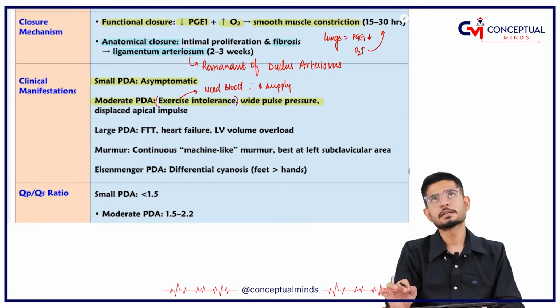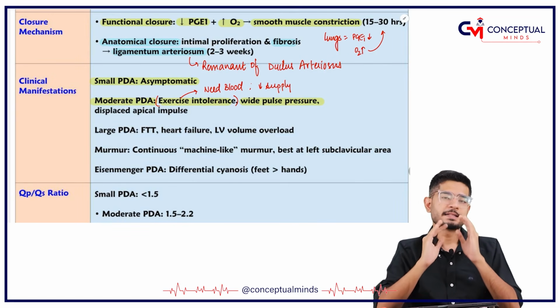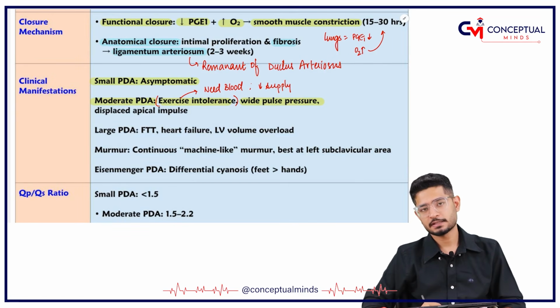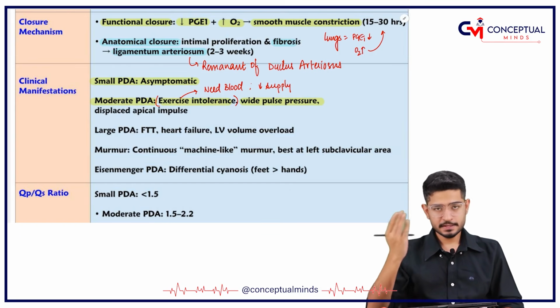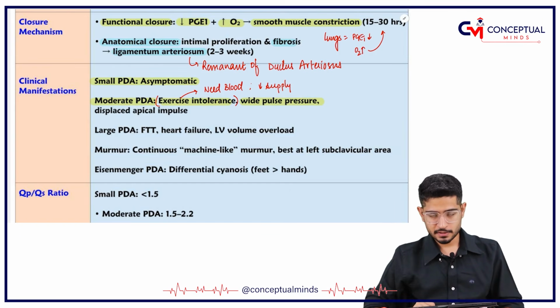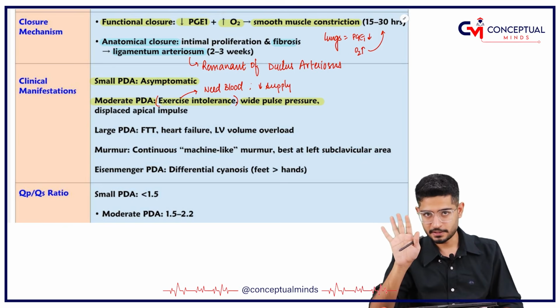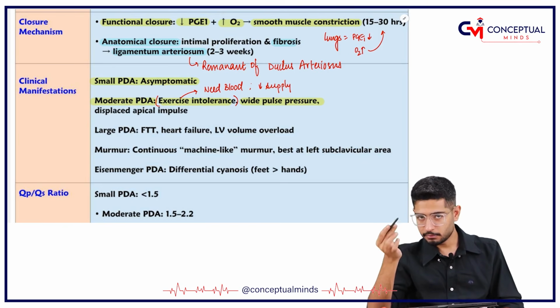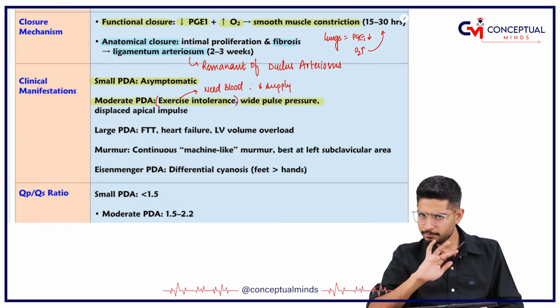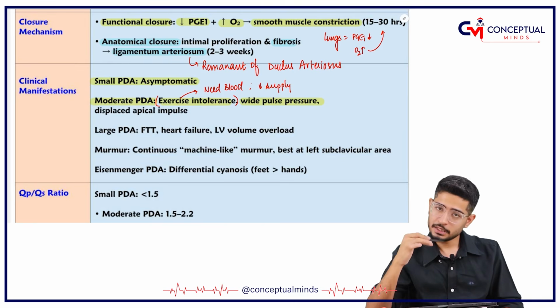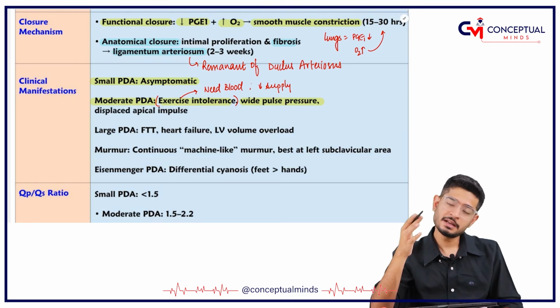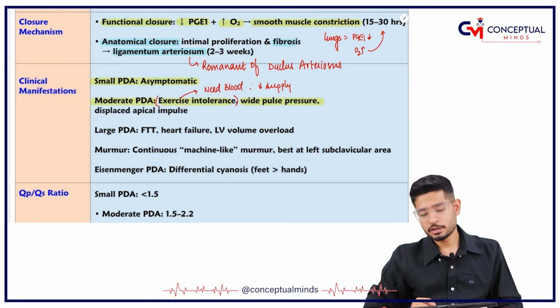Now understand, there's a slight difference between ASD, VSD and a PDA. PDA of course has a left to right shunt, but ultimately the blood from the right side is going to come to the left side only. The blood is going from the aorta to the pulmonary artery, but even when it goes to the pulmonary artery, it has to go to the aorta again.